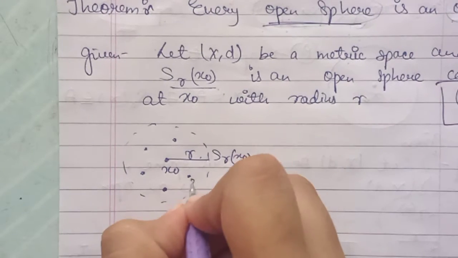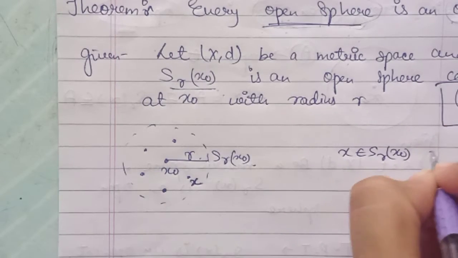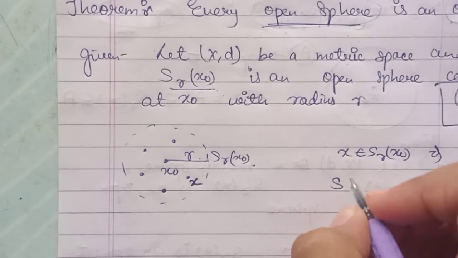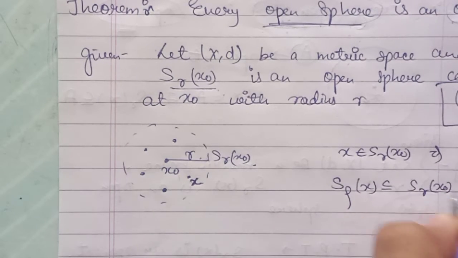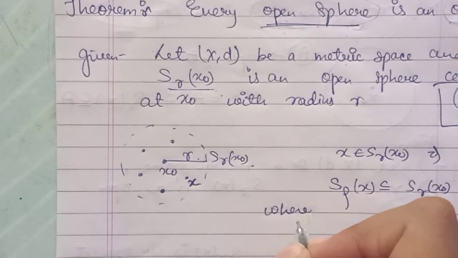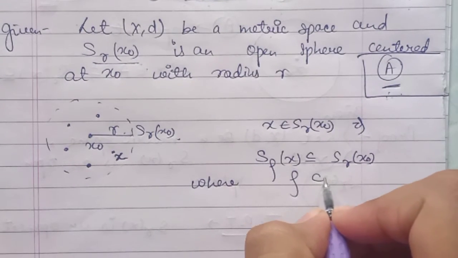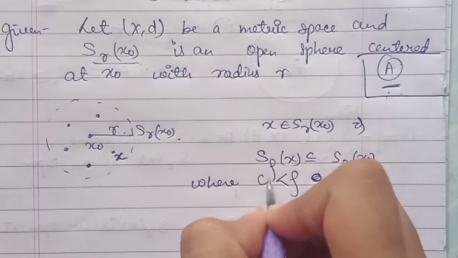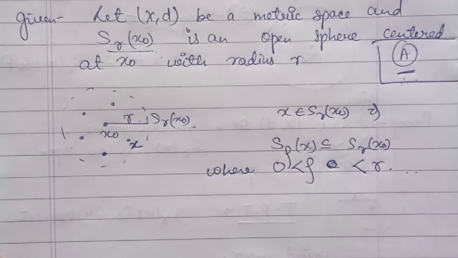That means if X is an element of S_R(X0), that implies S_rho(X) is a subset of S_R(X0), where rho is greater than 0 but smaller than R. This is what we have to show.